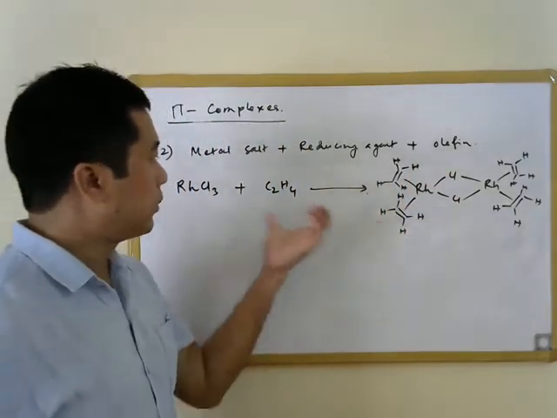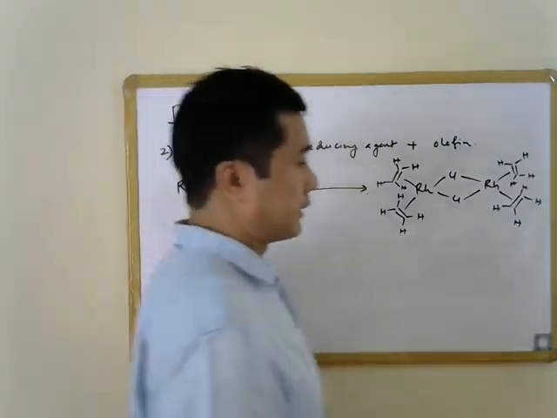So rhodium is now reduced, and the reducing agent is the olefin itself.